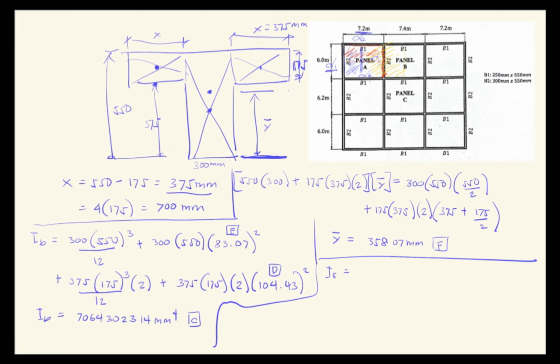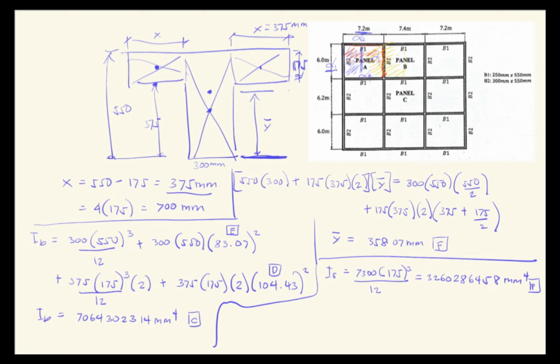So we have an effective width of 7.3 meters or 7,300 mm multiplied by the thickness 175 cubed divided by 12. The number for this would be 3260, 28, 64, 58 mm to the fourth power.